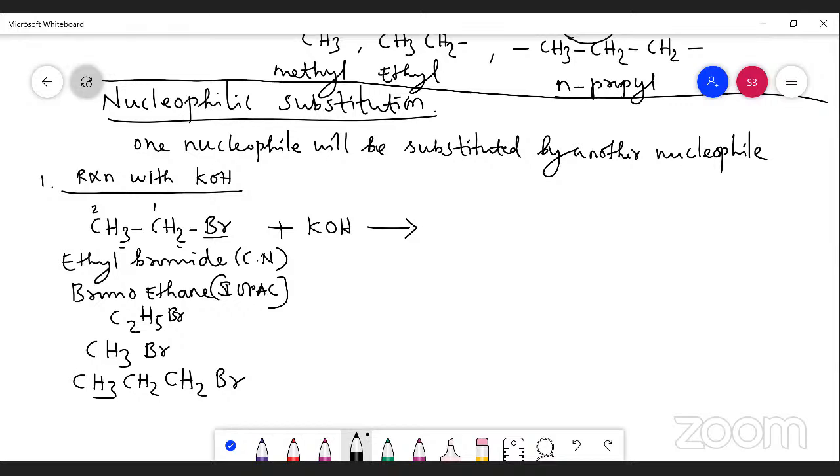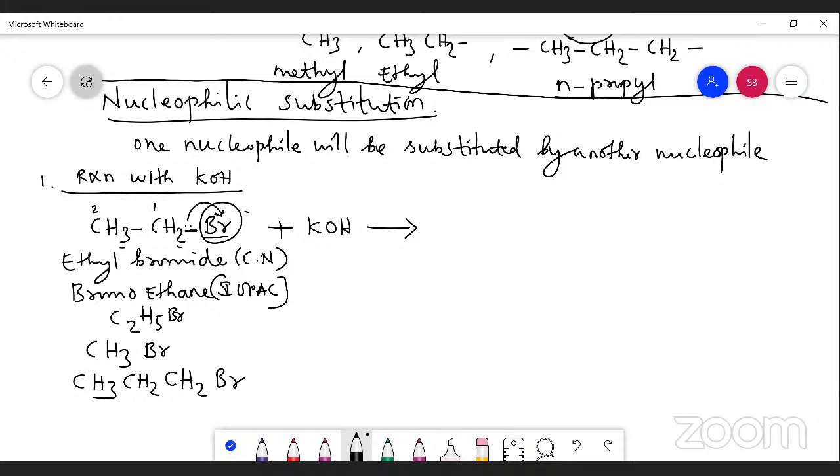Now I have taken the reactants. One reactant is ethyl bromide, another reactant is potassium hydroxide. Now look at both reactants. In the first, bromine is a nucleophile. Miss, how do we find the nucleophile here? You already know. Between C and Br, the more electronegative element is present, so the bond pair shifts towards Br, and Br is assumed as Br minus.